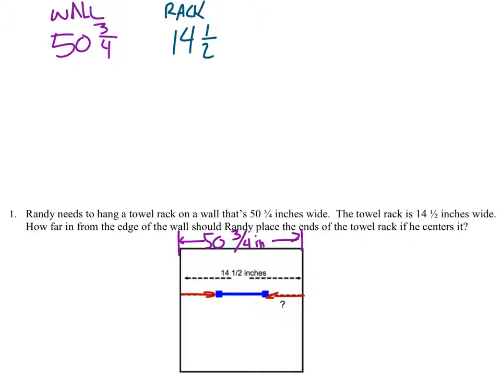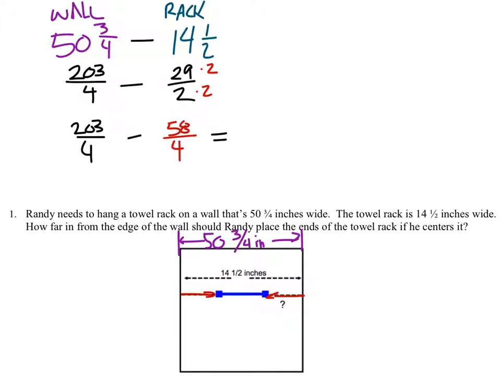Now to figure out how much space is left between the wall and the rack, we're going to subtract these out. When we subtract them, we don't want to use the mixed numbers, so we should be using the improper fractions. So I got 203/4 minus 29/2, but I need common denominators when I subtract these, so I need to multiply these by 2, which would give me 58/4.